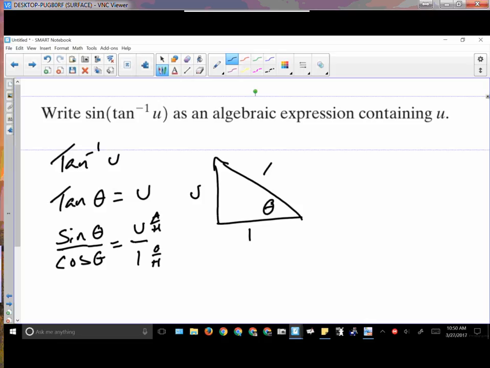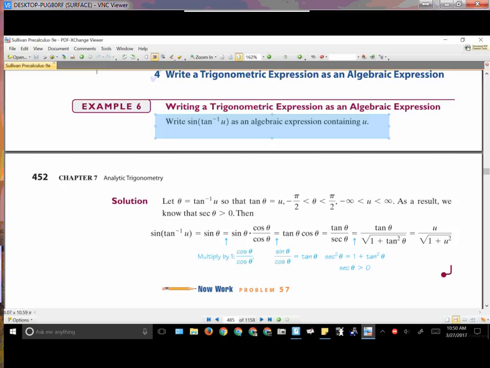Does that track in your heads? Okay. So we've got that. Now we're going to write the sine equal to this, right? Containing u. Now let's see where we're at. Oh, that's right. That took care of that.